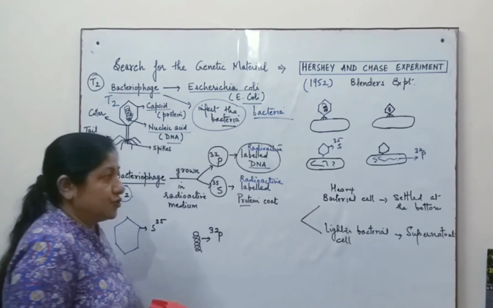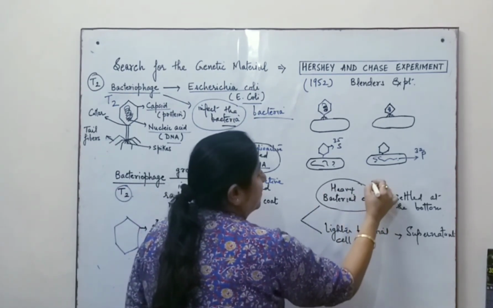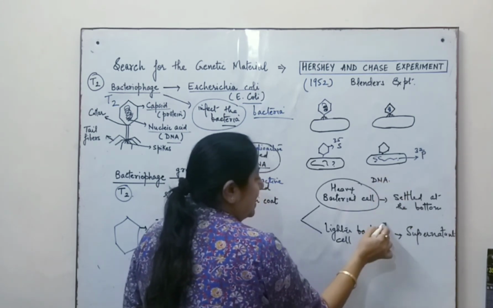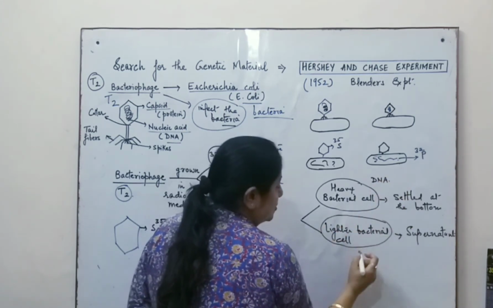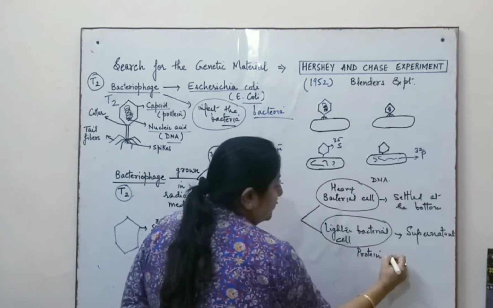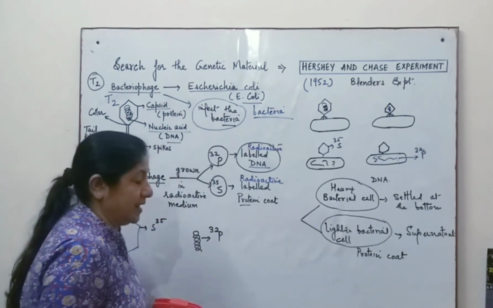Further analysis showed that the heavy bacterial cells had radioactive DNA, whereas the lighter region had the protein coat, which did not enter into the bacterial cell.